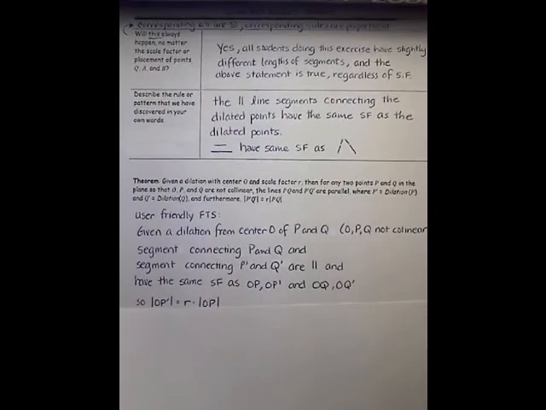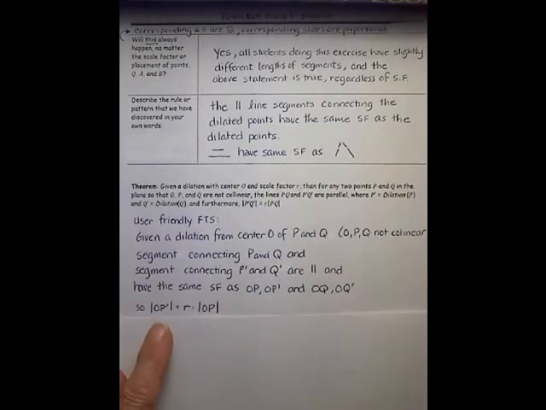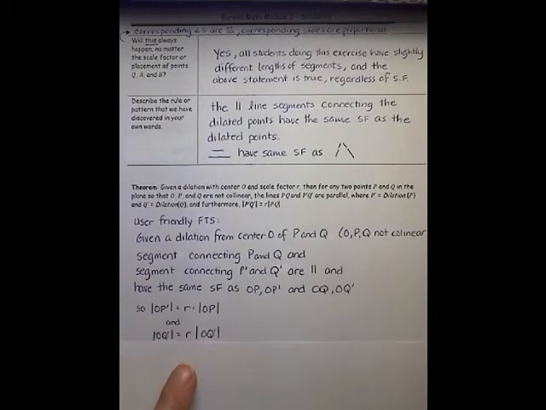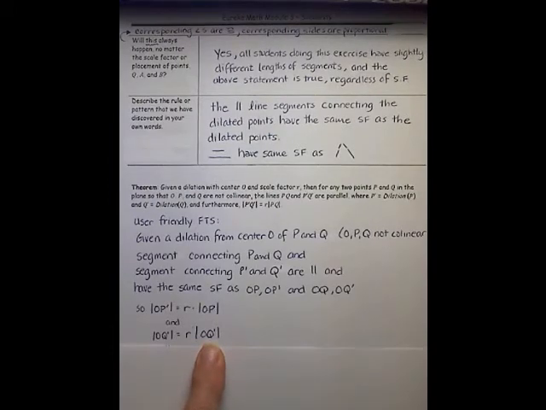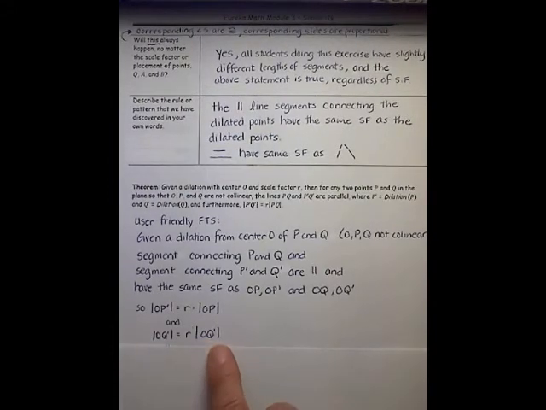So we know that the length of the dilated segment is equal to the scale factor times the original segment length. And the length of the other dilated segment is equal to the scale factor times the original. This one should not have a prime after it here.